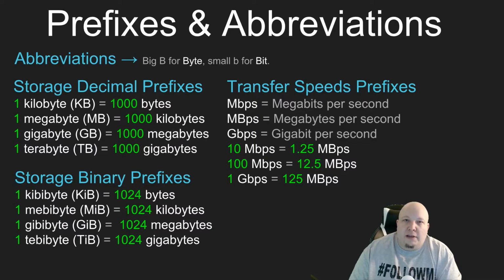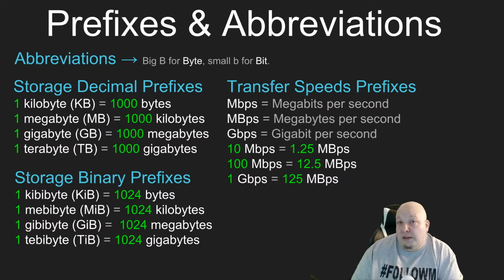In 1998, someone thought that referring to GB, gigabyte, as 1024 megabytes was confusing, so they decided that a gigabyte should instead represent 1,000 megabytes because it was easier to understand in the power of 10.